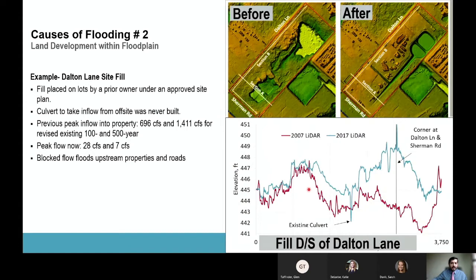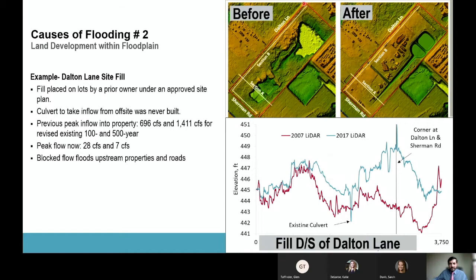The second cause for flooding is development within the floodplain, and I'm going to give you a couple of examples. This is the area where tributary 4 comes near Dalton Lane, where there was a quarry or big open area, but it was filled in by the owner.